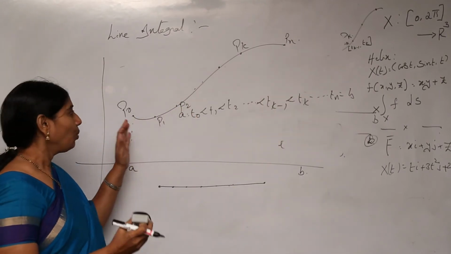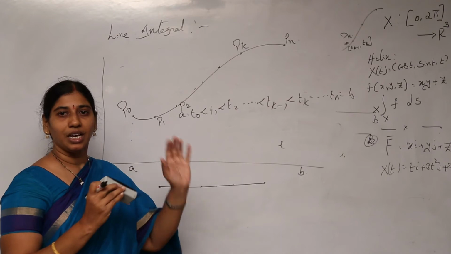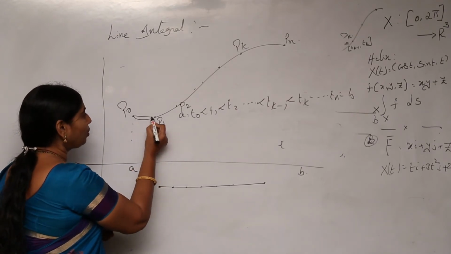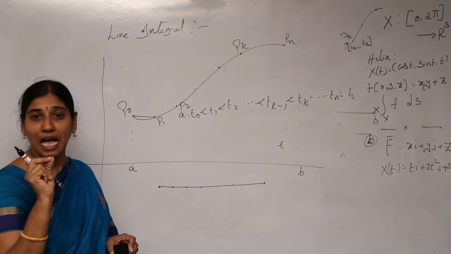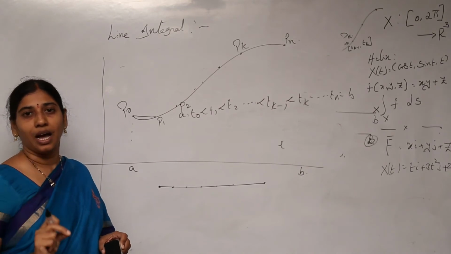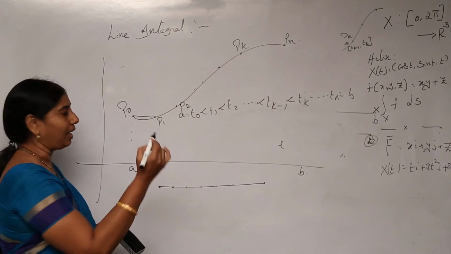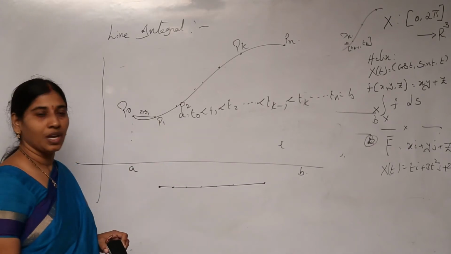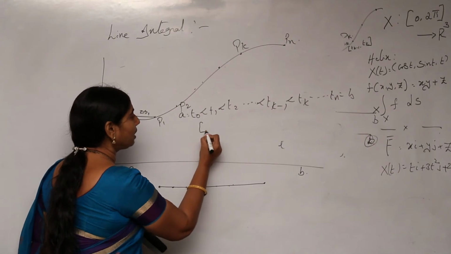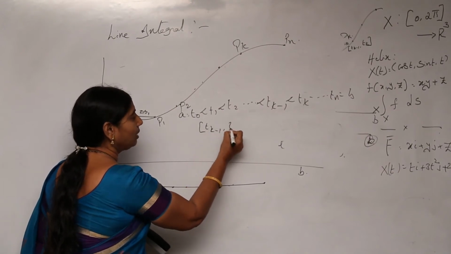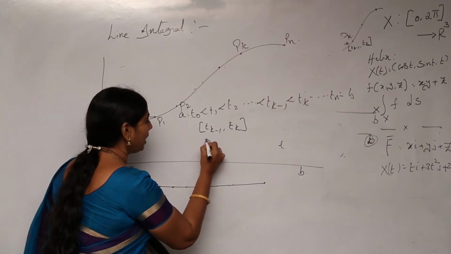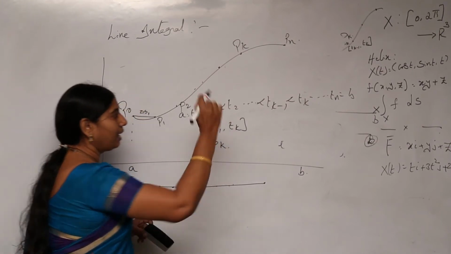What is happening? We are subdividing the given curve into subparts, where P0 to P1, we call this the length of the arc, or the arc length, and it is denoted by delta S1. Say suppose in the interval Tk minus 1, Tk, the length of the arc is delta Sk.